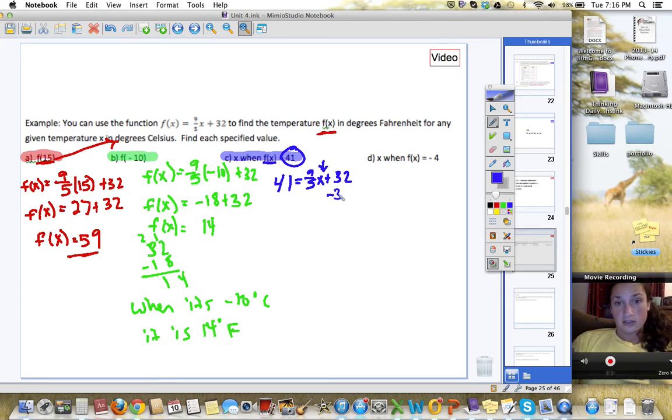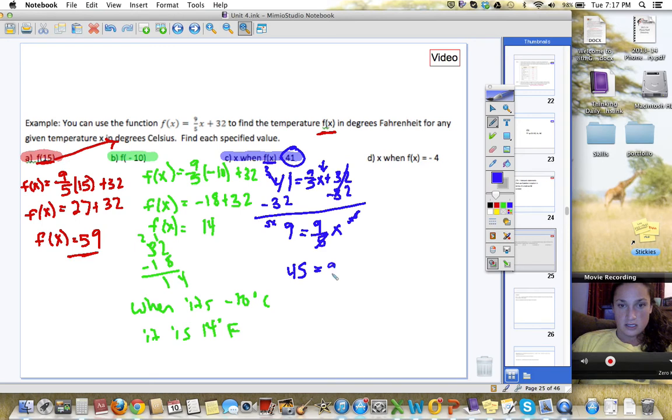The first thing I need to do is subtract 32 from both sides. We should remember this from way back in the beginning. That's going to cancel. I have 9/5 x equals 9. Then, to get rid of the fraction, I want to multiply both sides by 5 to get rid of that 5 on the bottom. 9 times 5 is 45 equals 9x. Divide by 9 on both sides. x equals 5.